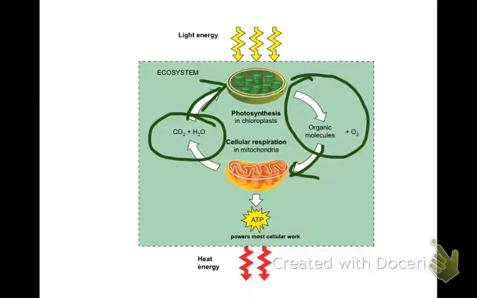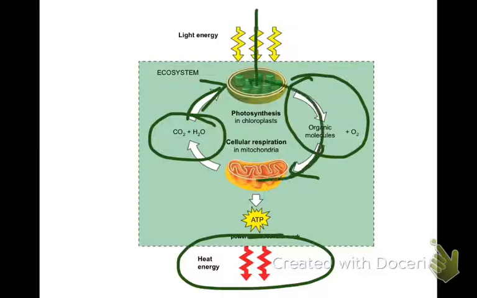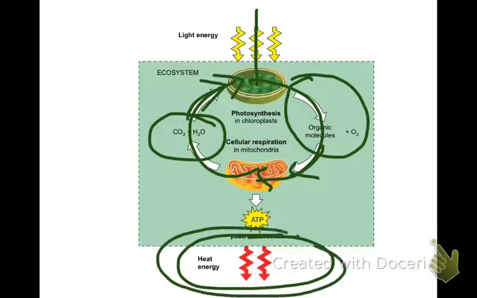One thing that's very important to realize is that throughout this entire process, energy is being lost in the form of heat. So it's not a perfect energy conversion from light energy directly into ATP, directly back into this. It's not a perfect cycle. In fact, a lot of energy is lost throughout this entire process as heat energy.